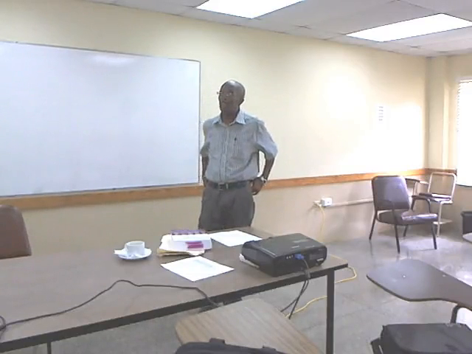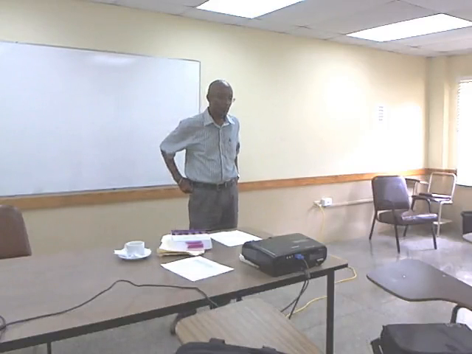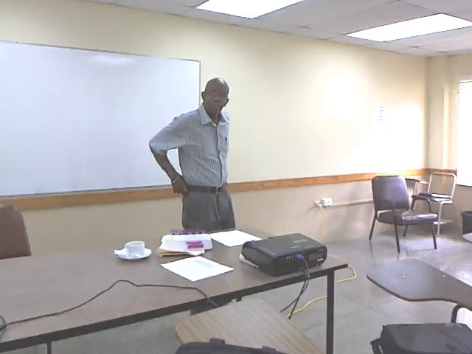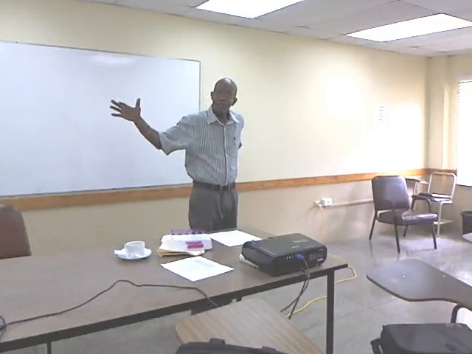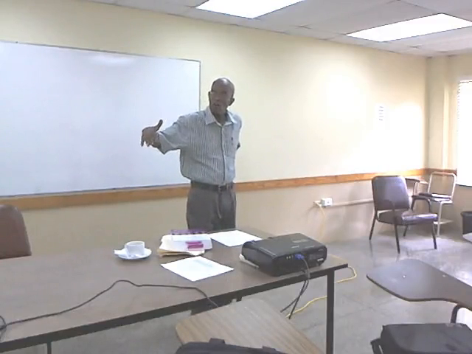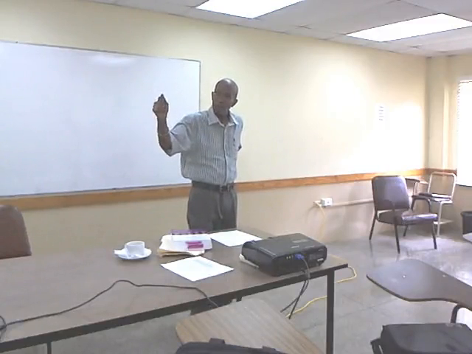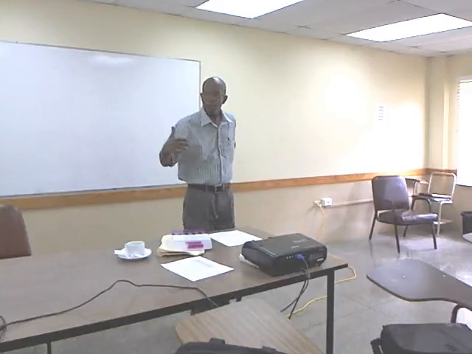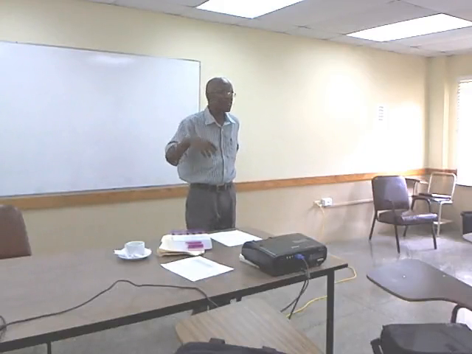It starts something like that: states shall refrain from the threat or use of force. That's the Charter. The only exception to this rule is Article 51, which deals with the right of self-defense.